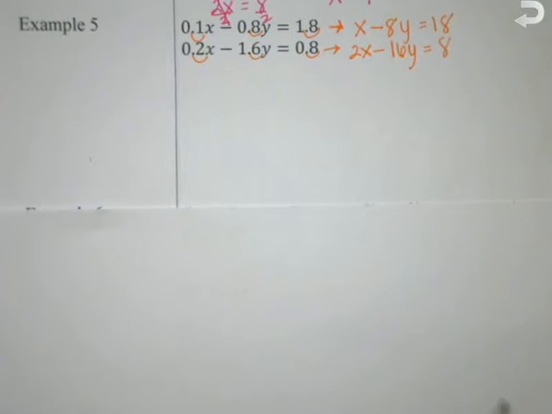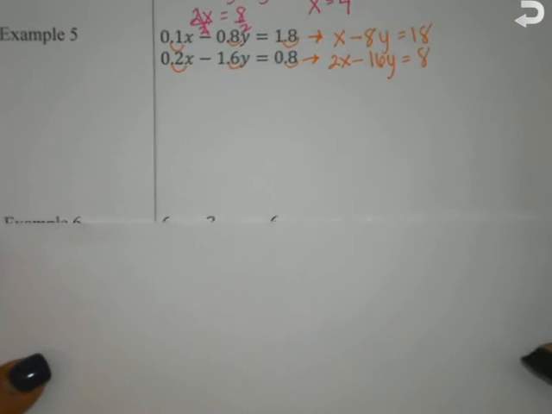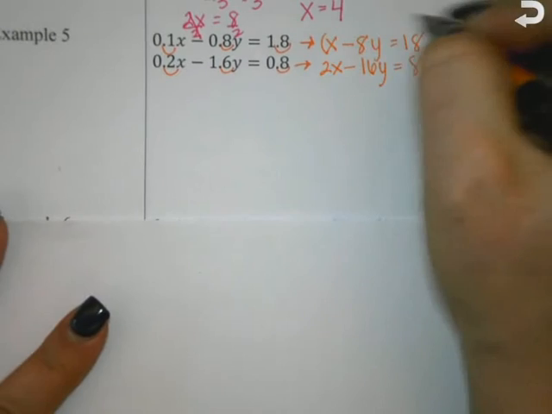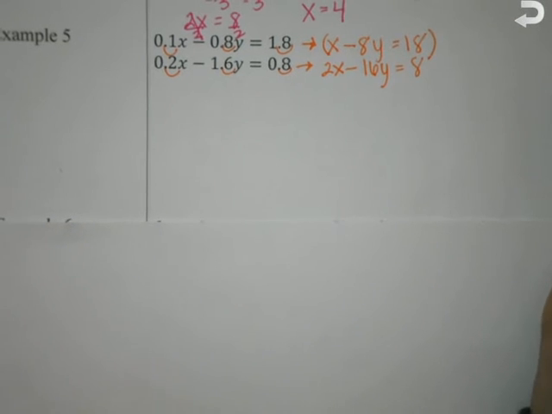Okay. Now, take a look at your x's and your y's. Which one might be easier for us to eliminate? The x's, and we would have to multiply the first equation by what? Caleb says negative 2, Tatiana says positive 2. Nope, she changed it, it's negative 2.